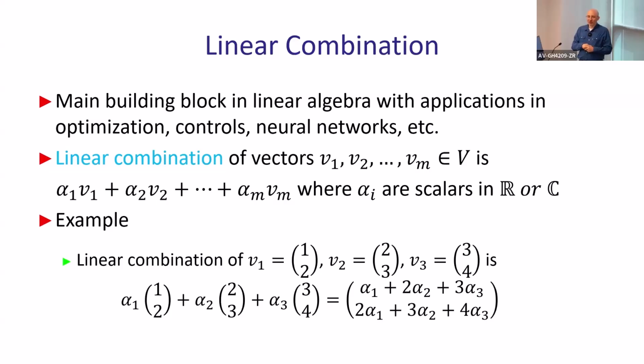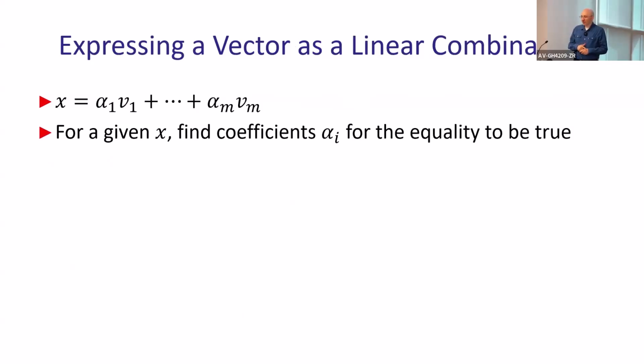And here is the most important thing that people are doing in linear algebra, why we are going all this way, together with solving systems of linear equations. It's expressing a vector as a linear combination of other vectors. You choose particular vectors, and you want to write that vector as a linear combination of other vectors.